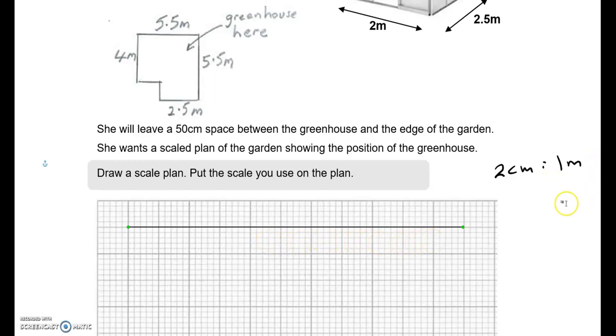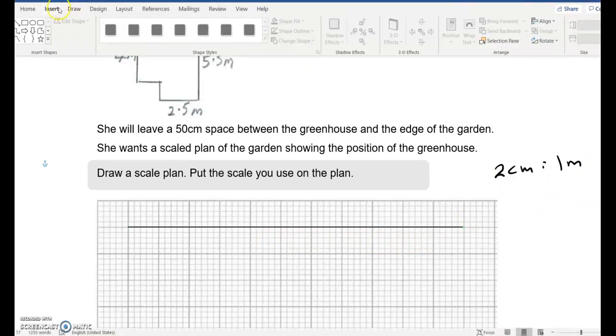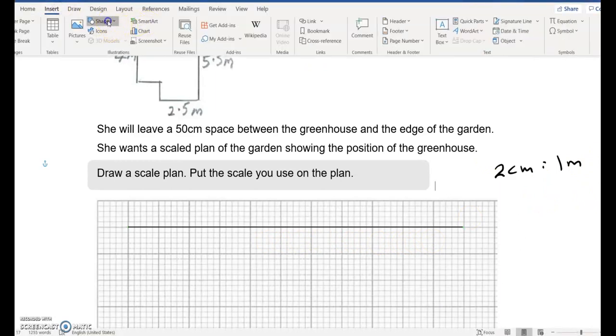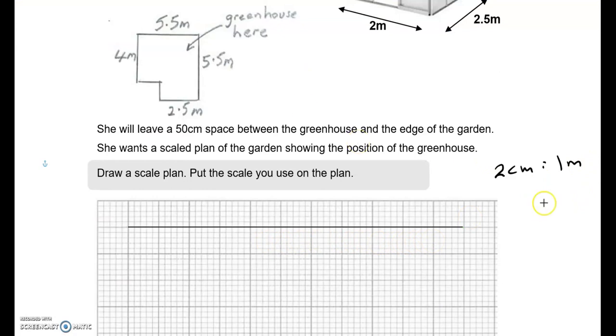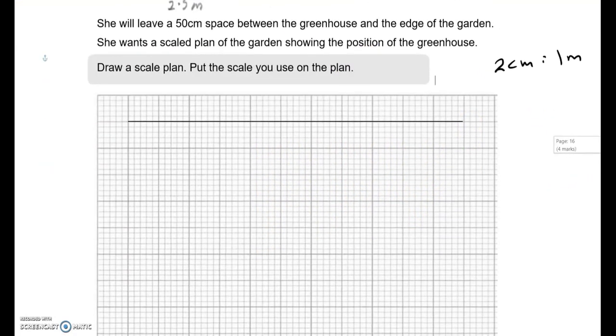And we'll go 11 squares down as well. 1, 2, 3, 4, 5, 6, 7, 8, 9, 10, 11.